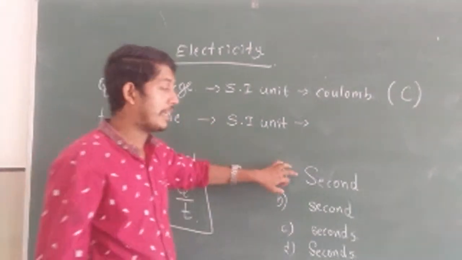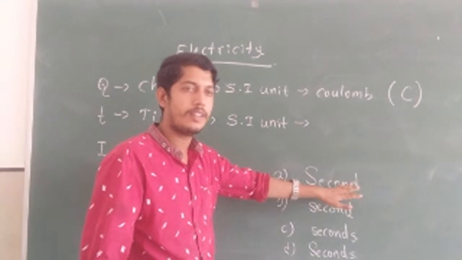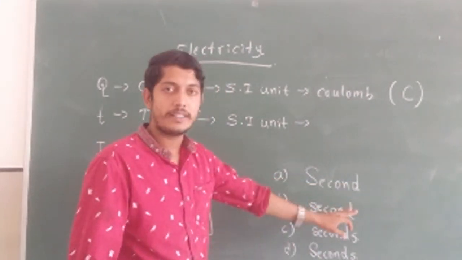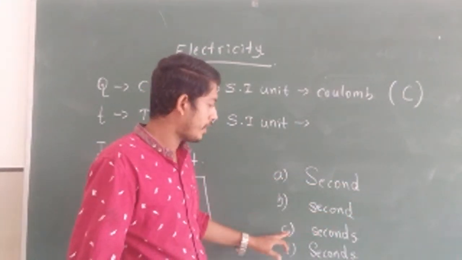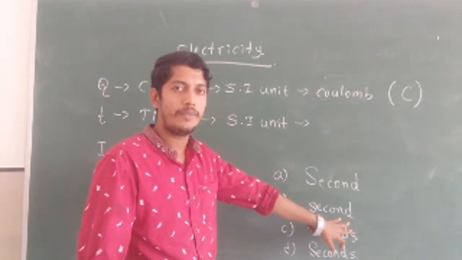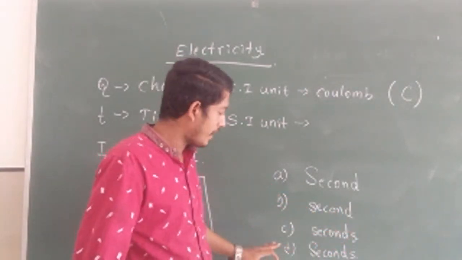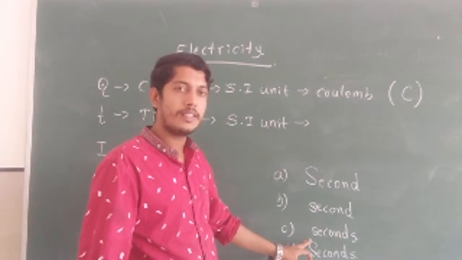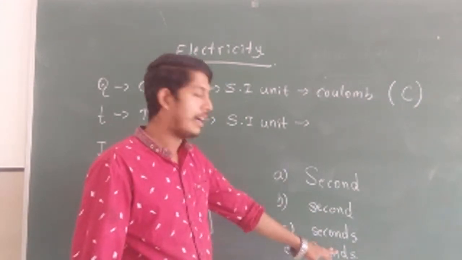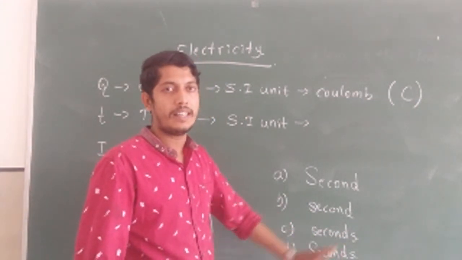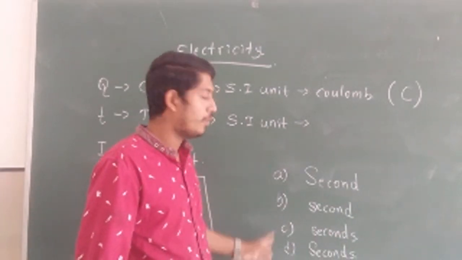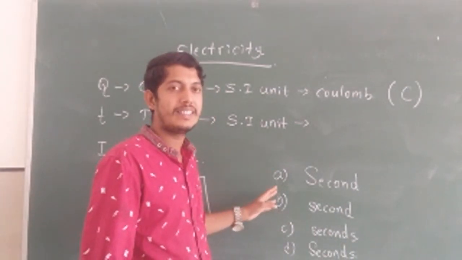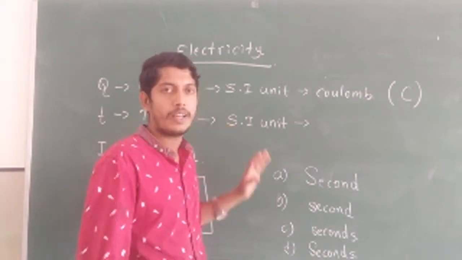The first one has a capital S and all the other letters small. In the second case, all the letters are small. In the third case, all the letters are small, and in front of that we have an S. And in the fourth case, the first letter is capital, and we also have the last letter as S.